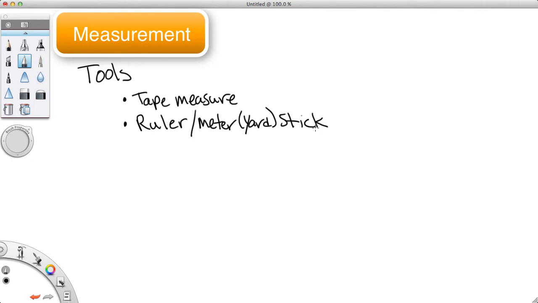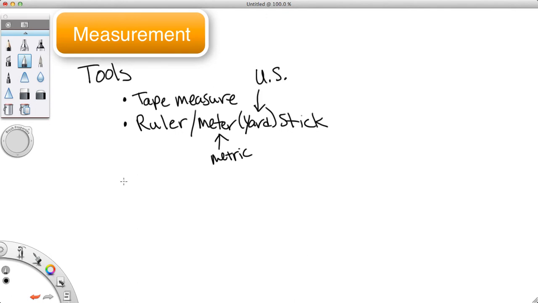They're a little bit different. Yard is the US system, and meter is the metric system that you have learned in our last video. So we got tape measure, we got rulers, we got meter sticks, we got yardsticks.